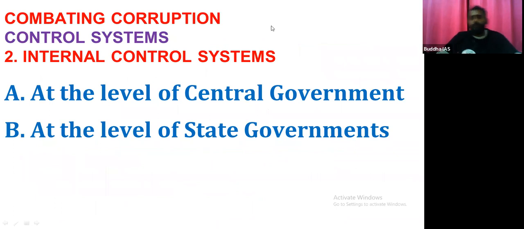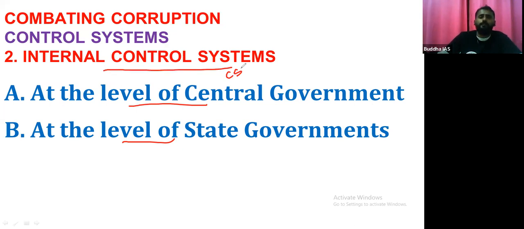Okay. So this is yet another important topic. Many of you are not aware, like what are the control measures, control systems, mechanisms to curb corruption at the center and state level. Penalty levels, it's common one. You have got general idea, but as students of civil service, you should have a fair idea as to how internal control system that is within the executive act.